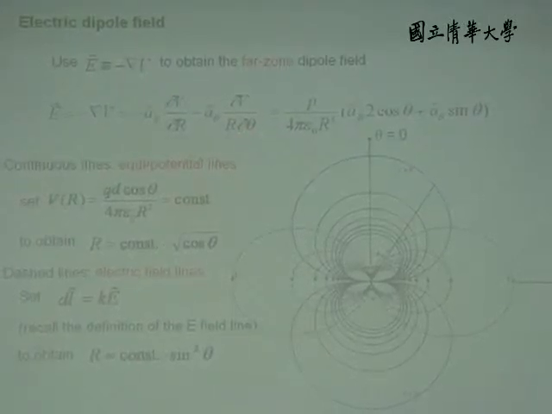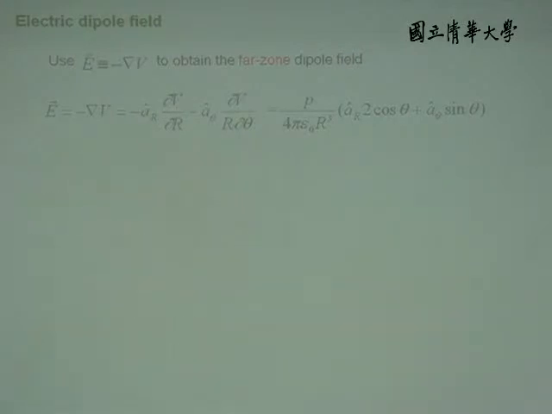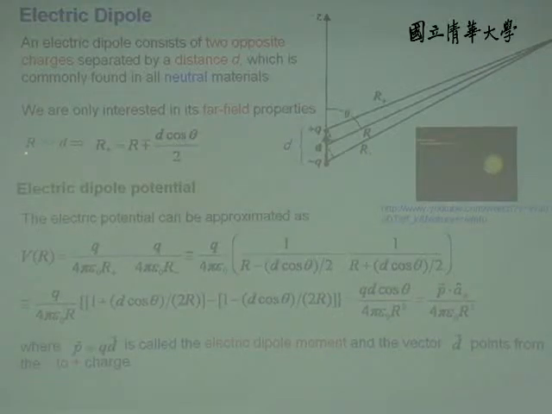One thing you have to be careful about is that when we derive this expression, and when we derive this expression, there's one approximation down here: r has to be larger than d.